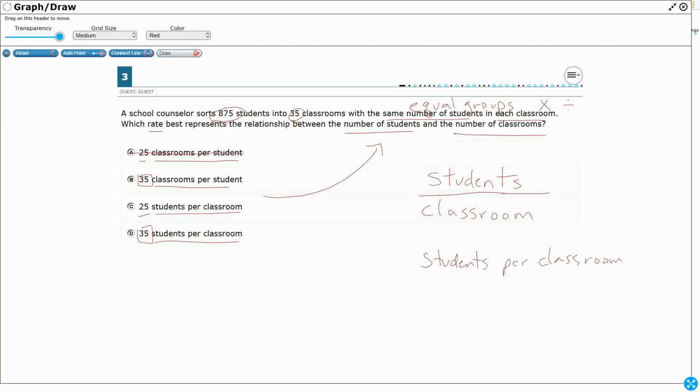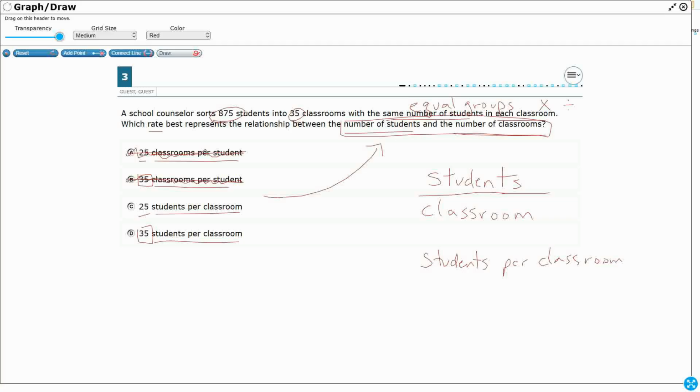That doesn't make sense. So these numbers, it's going to either be 25 or 35, but A and B are completely incorrect simply because the number might be right. One of those two has the correct number, but they have the wrong representation, the wrong rate. It's not classrooms per student, it's students per classroom because they give it to us right here in the problem. So that's going to be a trick. And those are the first two choices.